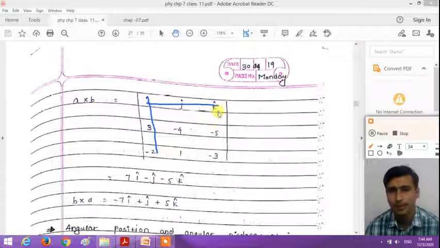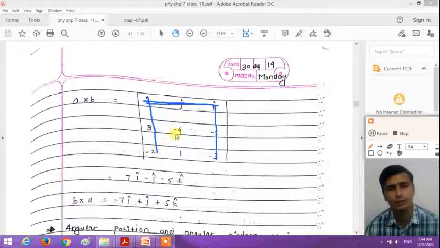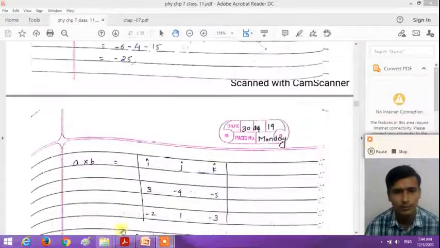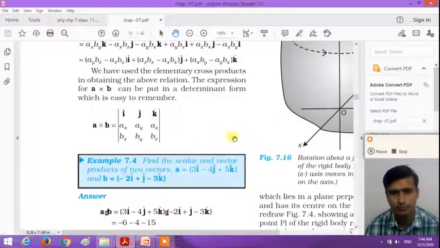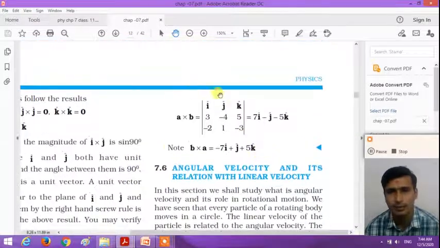Then multiply the components to calculate the z component: 3 into 1 minus minus 2 into minus 4. So you get an answer of this vector product: 7i minus j minus 5k.